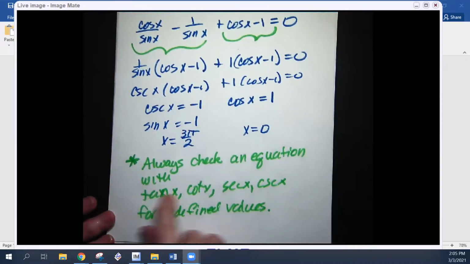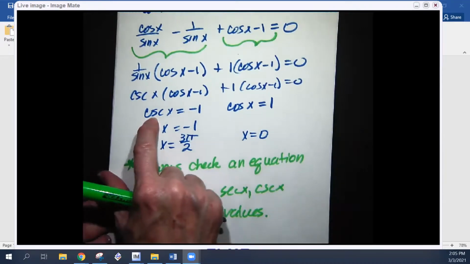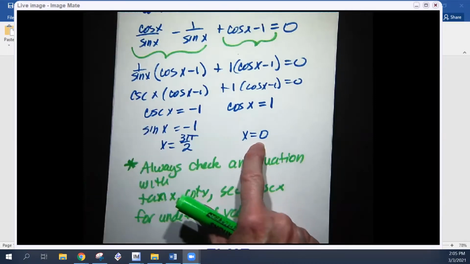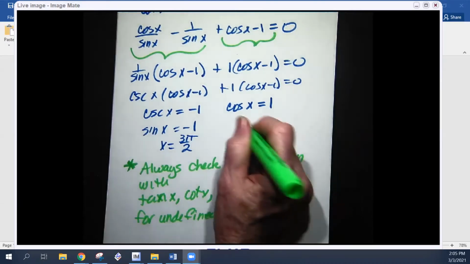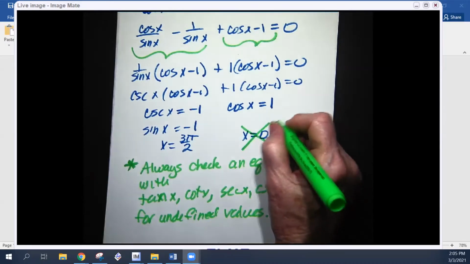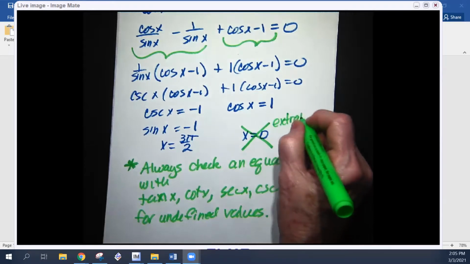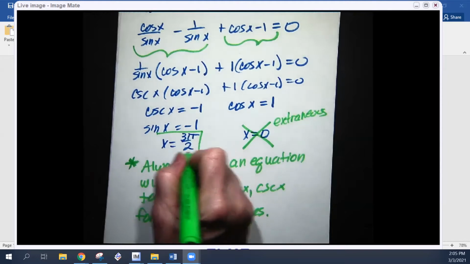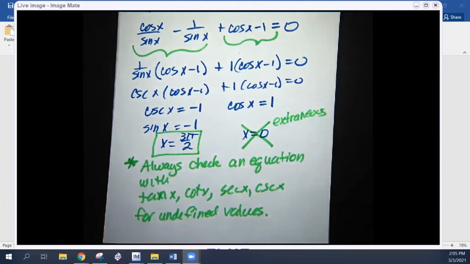Okay, because all of these functions have an asymptote. And because they do, I need to know where the asymptote falls for this. So I have cosecant, and the domain of cosecant is x cannot equal pi k. Well, that means that 0 is not going to work because that would be undefined. So this would be an extraneous solution. So the only answer that works this time is x is equal to 3 pi over 2.